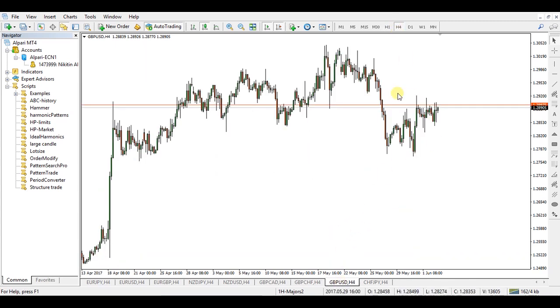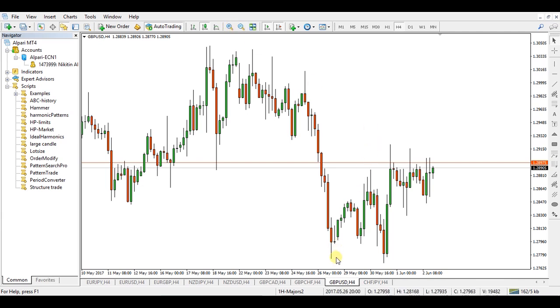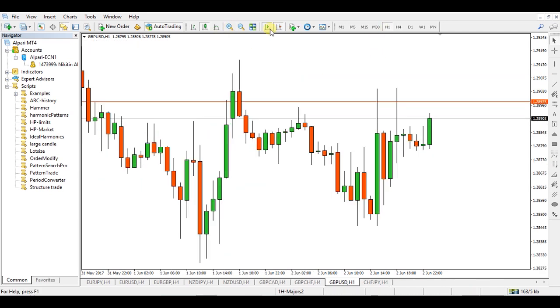Pound dollar is the next. After that uptrend, we started that downside movement. Did we have a pattern here? Well, yeah, we had a shock pattern here, and now we move to the upside. We are moving to the upside.